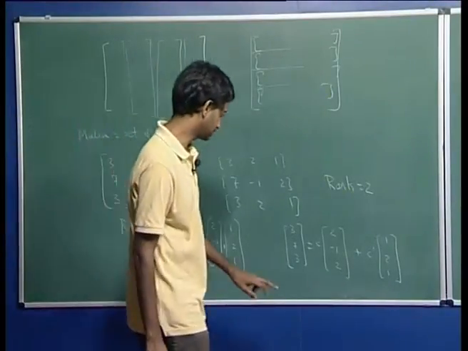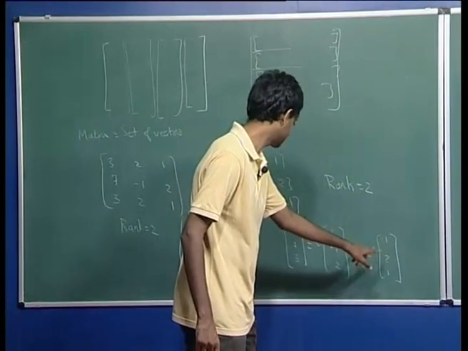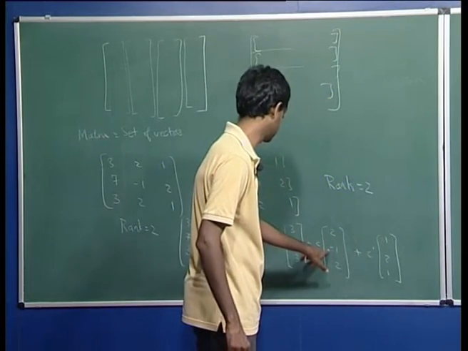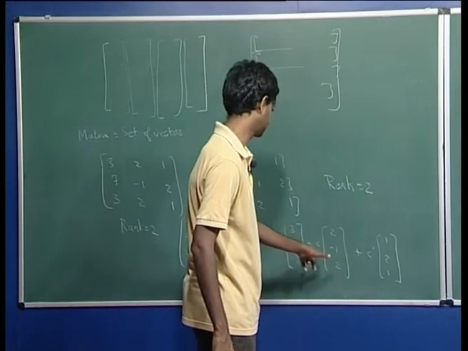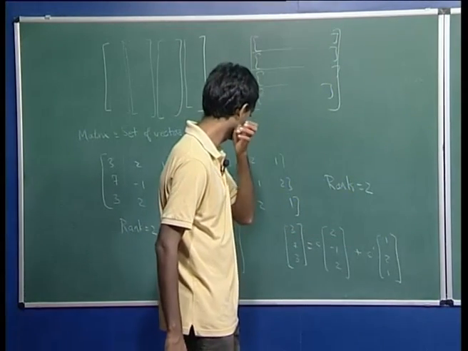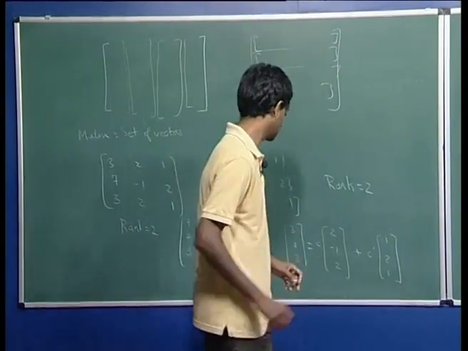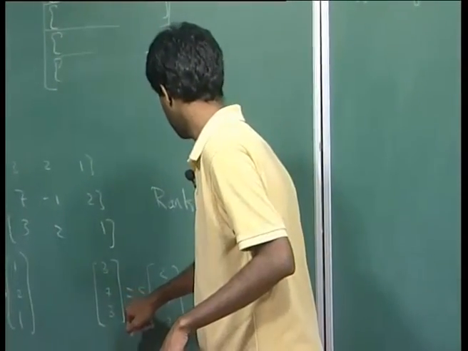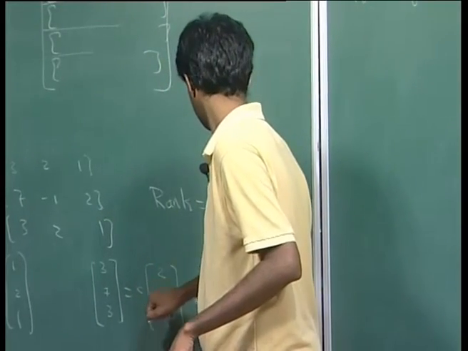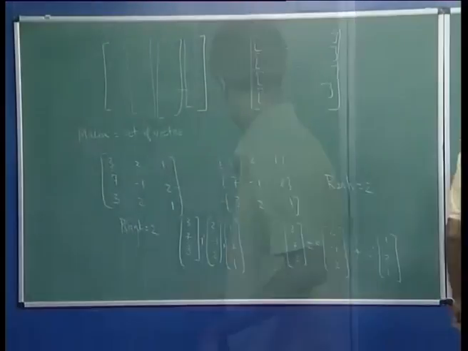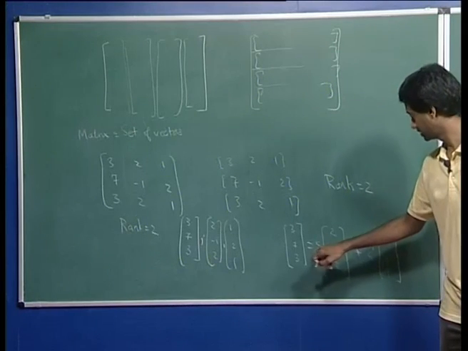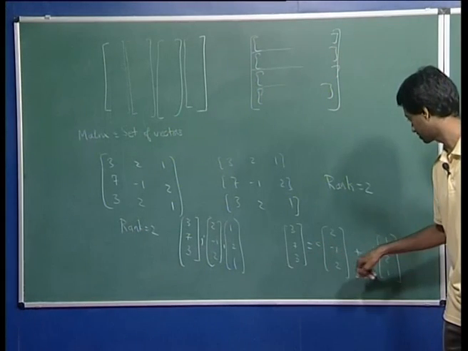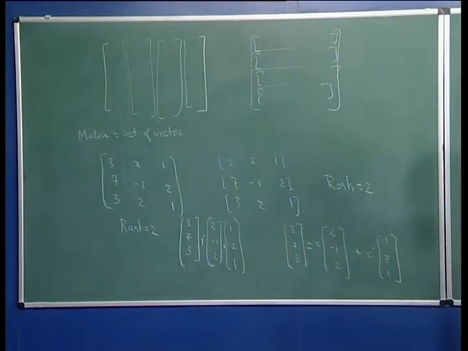And let us see, if I take this as 5, then this should be 3, 5, 3. You should be able to determine these constants by choosing suitable linear combinations of these, so you can determine constants c and c prime such that this equality is satisfied.